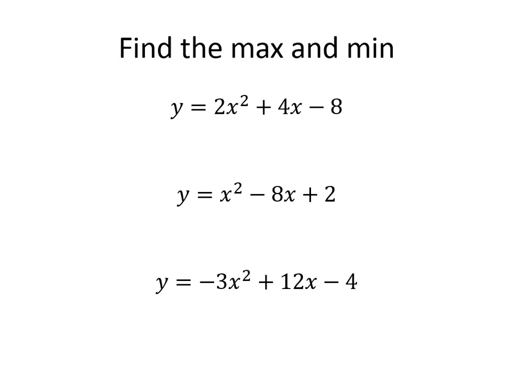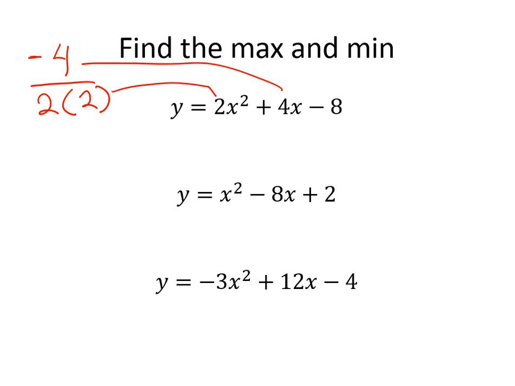So let's say we want to find the maximum or minimum for each of these. With the first one, we plug in our numbers. So we end up with negative 4 all over 2 times 2. This 2 is from there, this 4 is from there. Now we solve it.